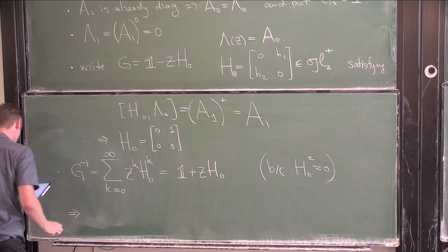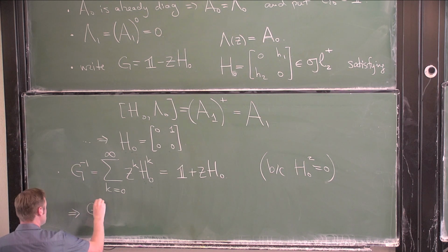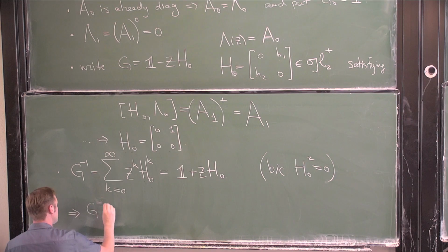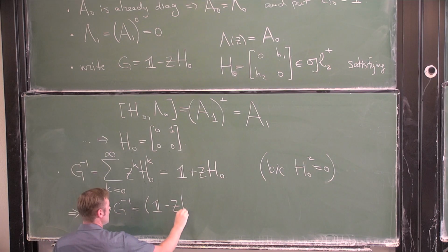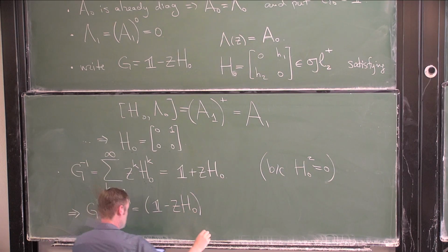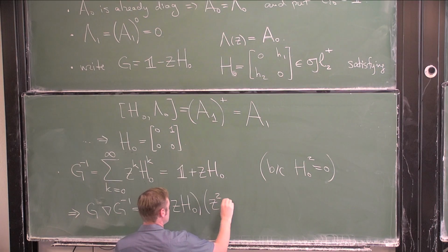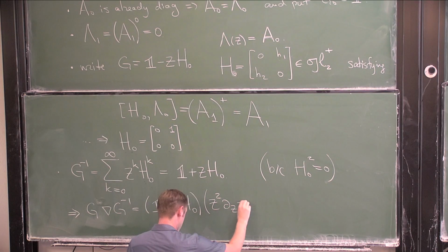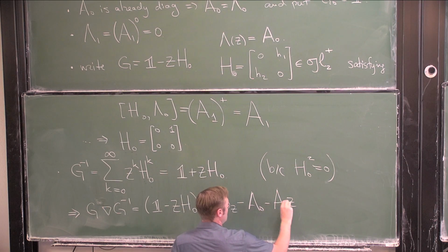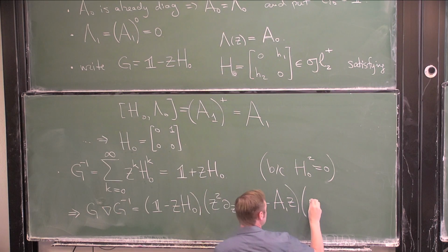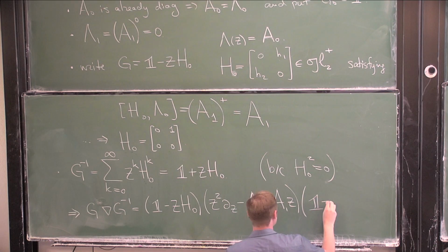So that means that if I compute G nabla G inverse, this now becomes a really simple calculation. It just looks like this. This is my nabla, and then my G inverse, which now is also really, really simple.